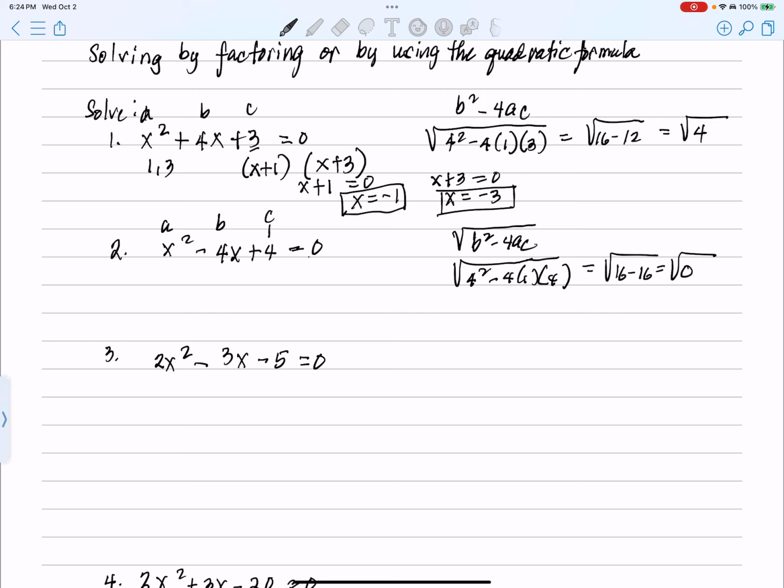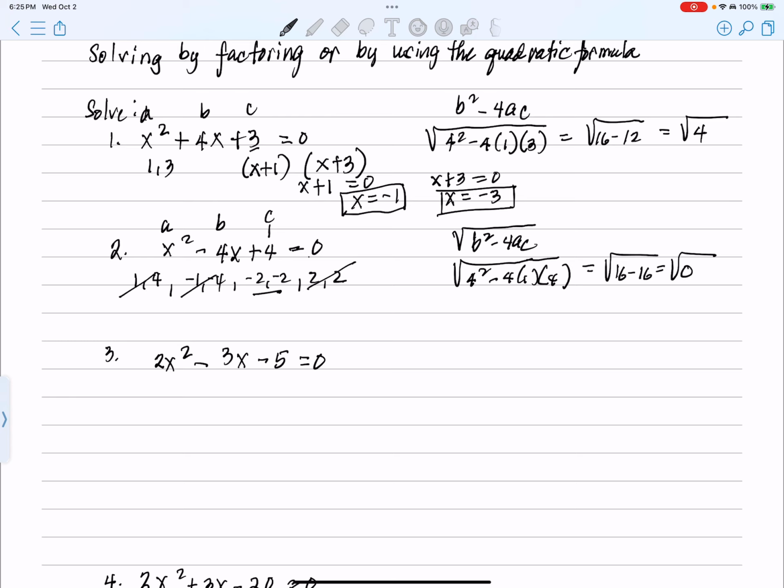So 1 and 4, negative 1 and negative 4, negative 2 and negative 2, 2 and 2. 1 plus 4 is 5, so it doesn't give us negative 4. Negative 1 plus negative 4 is negative 5, doesn't give us. Negative 2 plus negative 2 is negative 4. 2 plus 2 is 4.